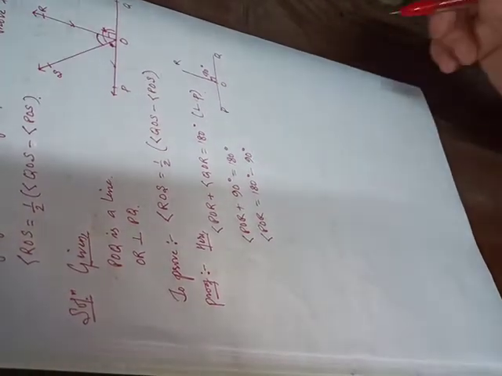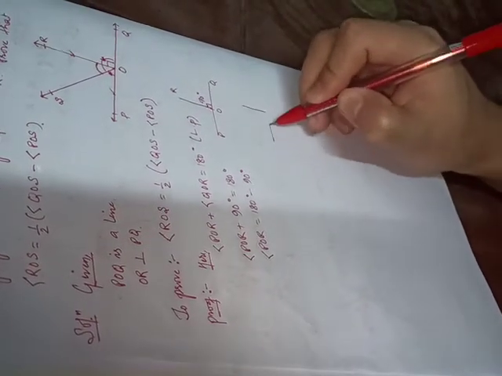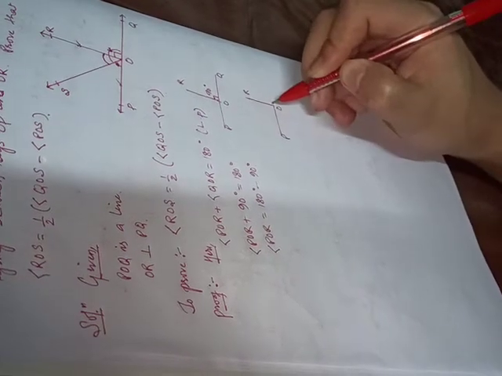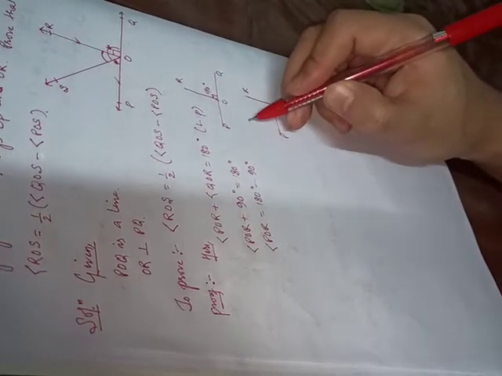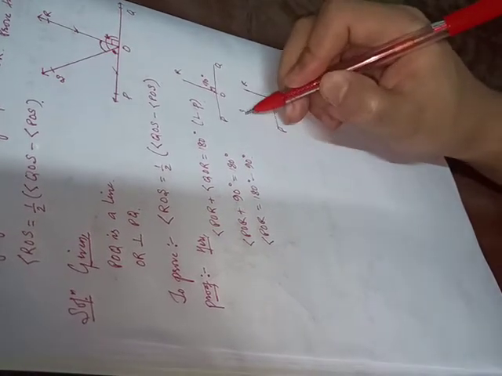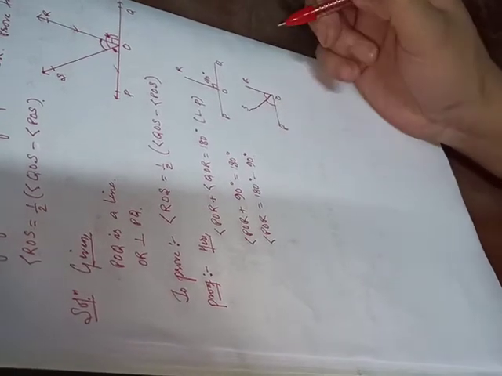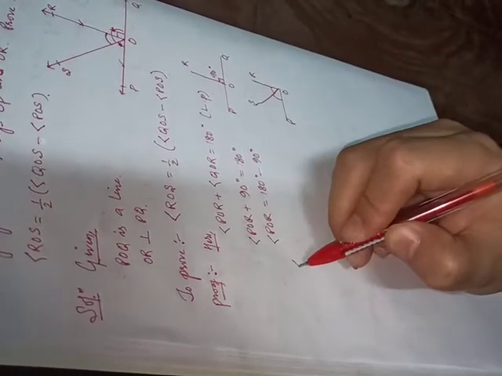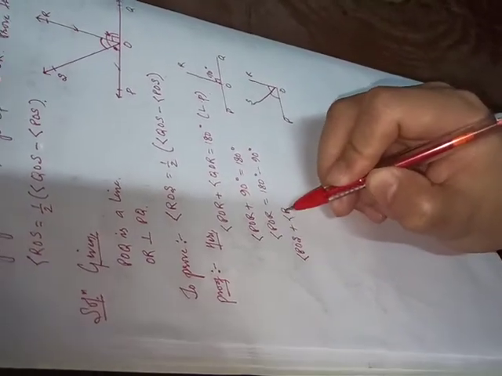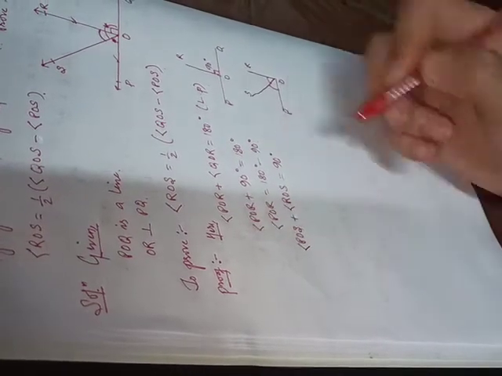Yes. So now we have angle POR, which is 90 degrees, and OS is a ray that lies between OP and OR, right? So POR is divided into angle ROS and POS, right? So let's break them up. Angle POS plus angle ROS equals 180 minus 90, which is 90 degrees, correct?